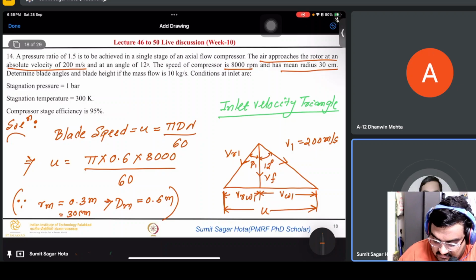If we have Vrw1 and Vf, then we can calculate the angle beta 1, which is the inlet blade angle, and that is what the question actually asks: determine the blade angle. Blade angle means both inlet and exit.